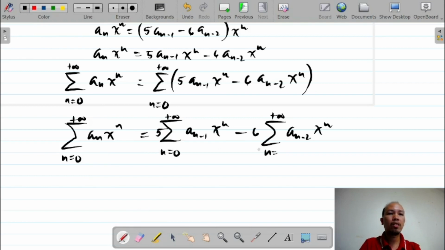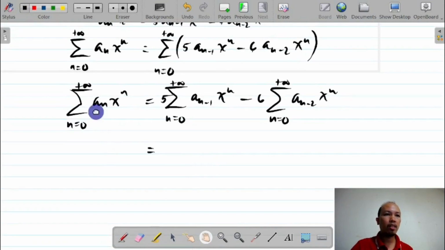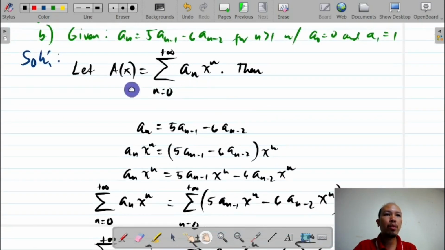Okay, so what is the value for the right hand side? No, the left hand side, this one here. This is what? This is A of x. I don't know if you get the answer, because we let this one before.